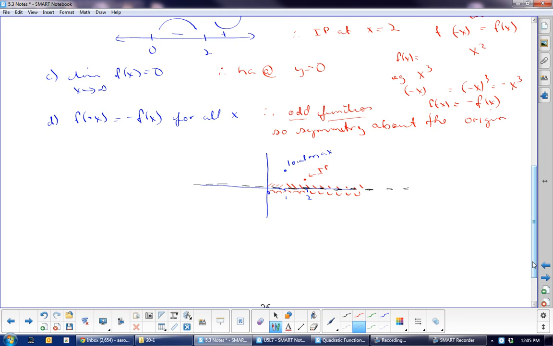So from 0 to 1, I am increasing and concave down. Let's go with that. So it would be increasing and concave down.